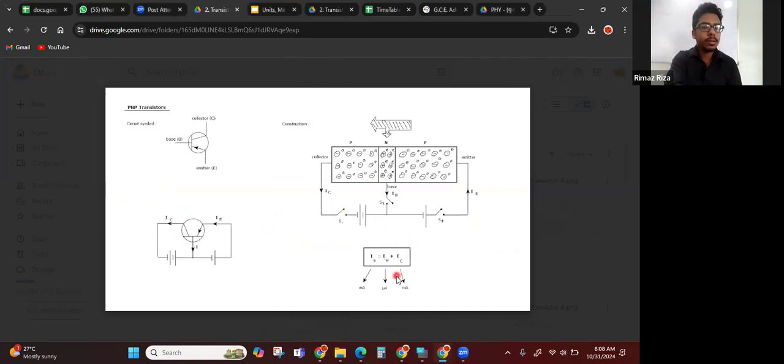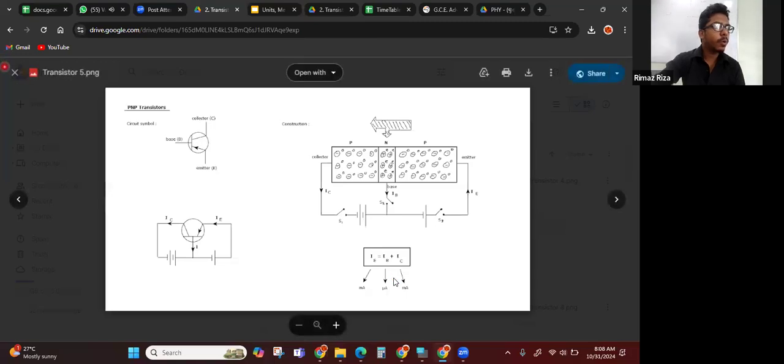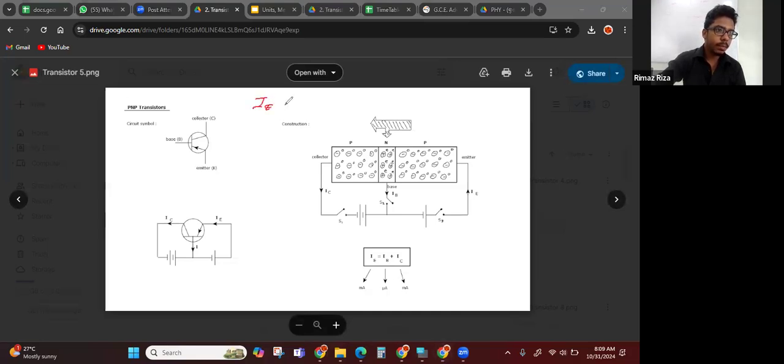For both NPN and PNP, this equation is true: IE, the emitter current, equals IB plus IC. And also IB is very small compared to IC.